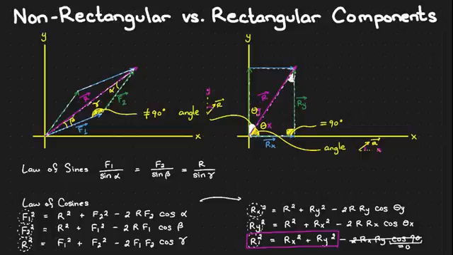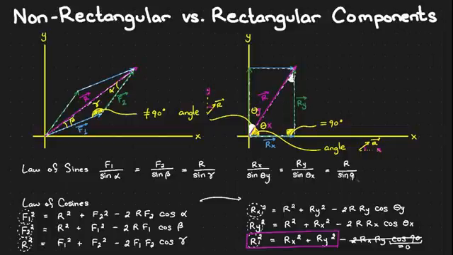How about the law of sines for the rectangular system? Again, I'm still looking at the bottom triangle, of course the same 3 sides. I'll start with Rx. Rx over the sine of the angle that is opposite of Rx, well, that's just theta y, is equal to Ry over the sine of the angle that is opposite of Ry, that is theta x, and that's equal to the third side in that right triangle, which is the resultant, over the sine of the angle that is opposite of the resultant.